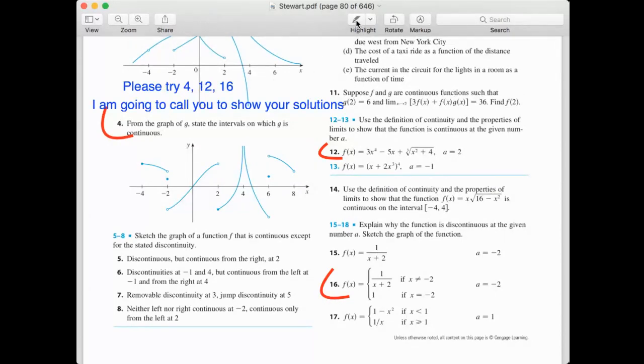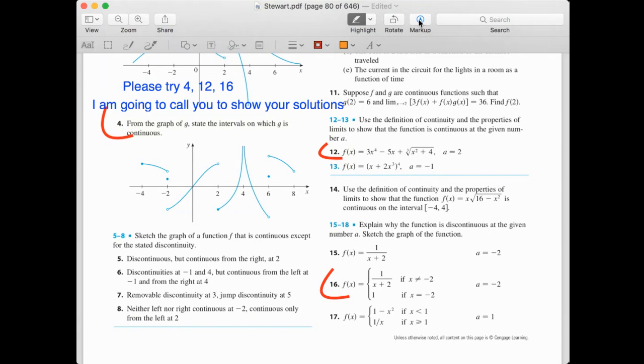Okay, let me write here. So basically, we're trying to find the domain of this function. To say the function is continuous at the point is the same thing as seeing the domain.